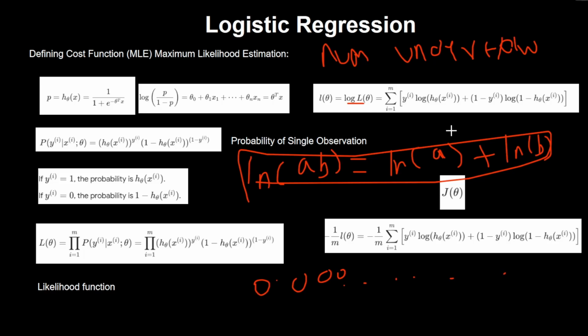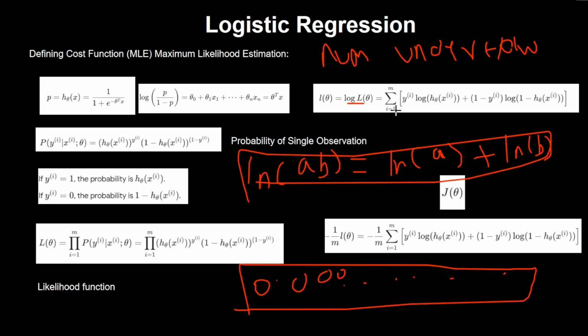In that case, the computer is sometimes not optimized to calculate those values. If we convert this into summations, we'll instead have large negative values, which can be easily computed by computers. That's why we are using the logarithm of the likelihood function.